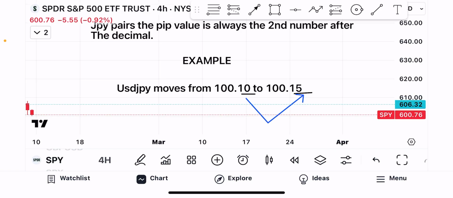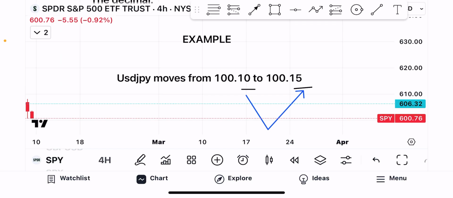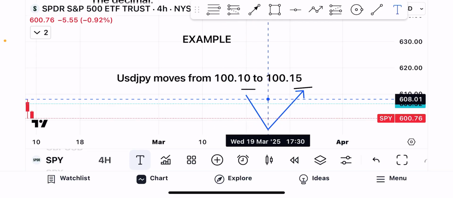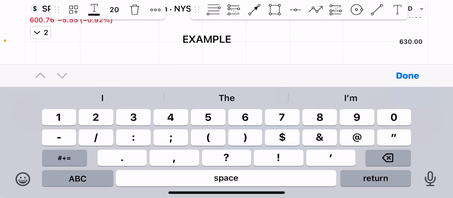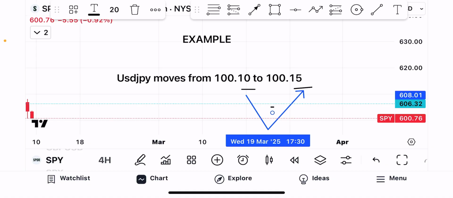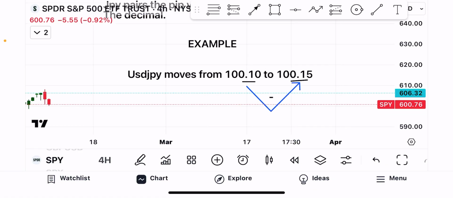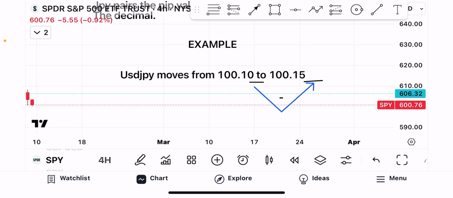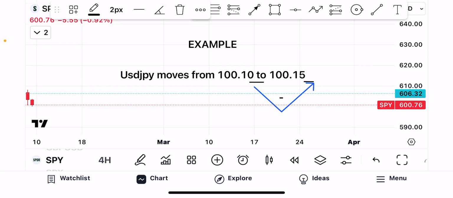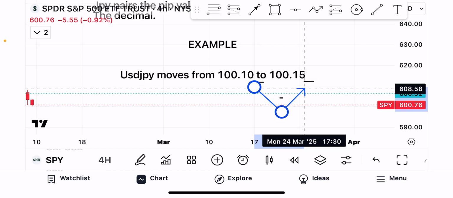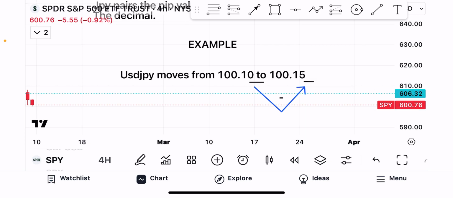We are just doing this minus this. This number minus this number. That is what we are doing here.